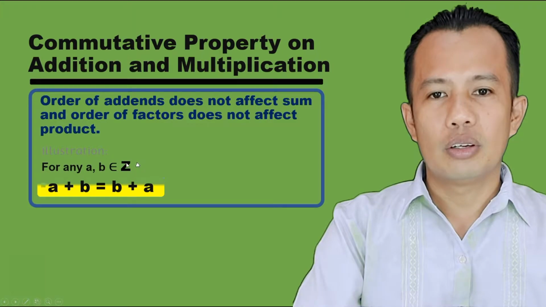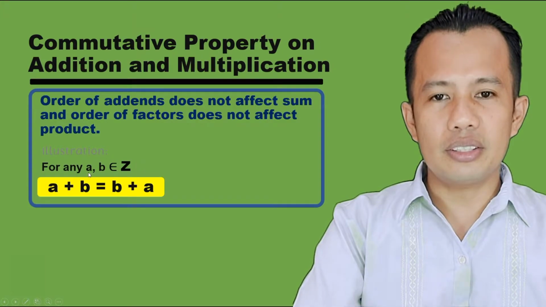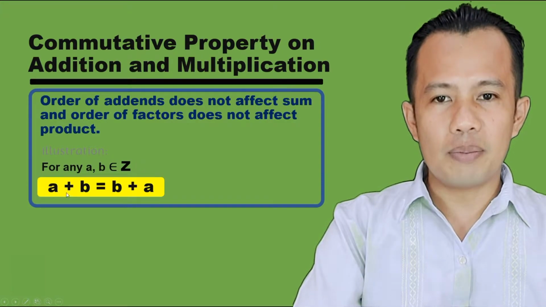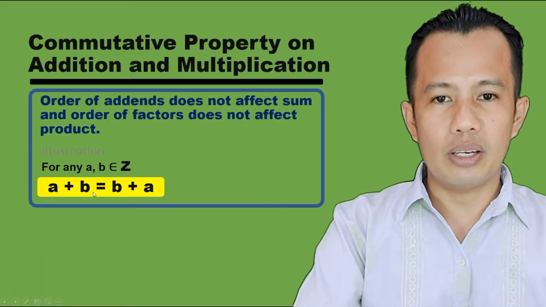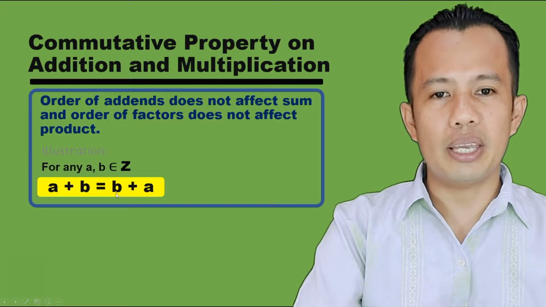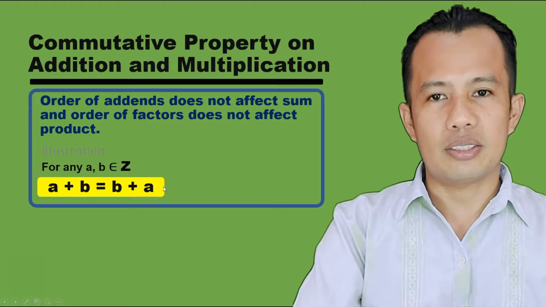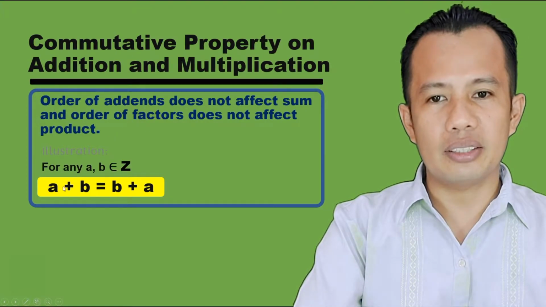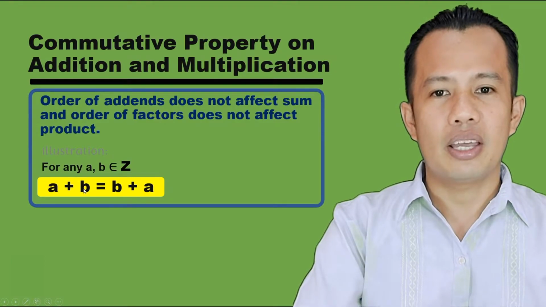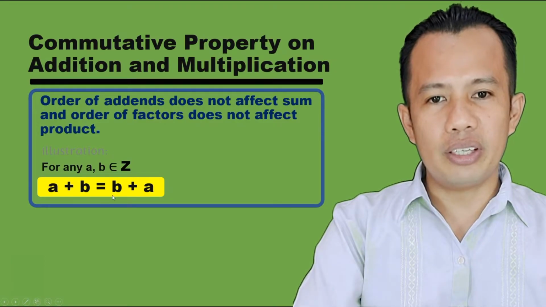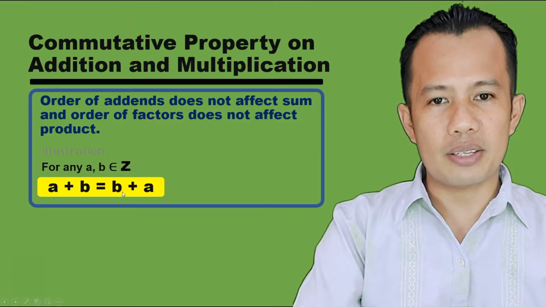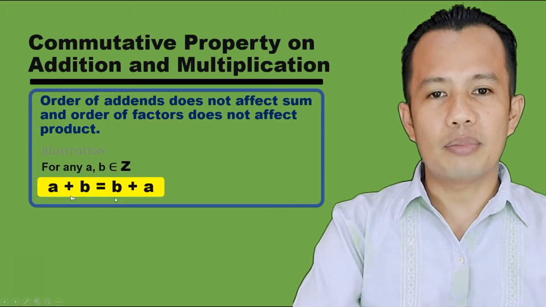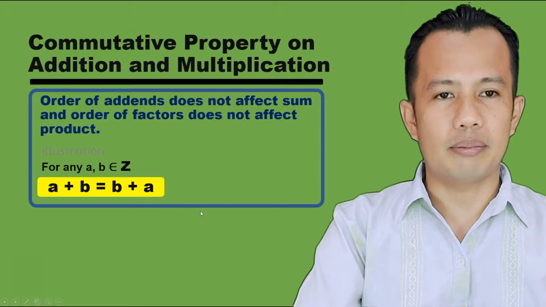Take note, for any integers a and b, a plus b will also be equal to b plus a. It says here, order of addends. Where are the addends here? A and b. Even if we reorder the addends, b plus a, the sum will still be the same.